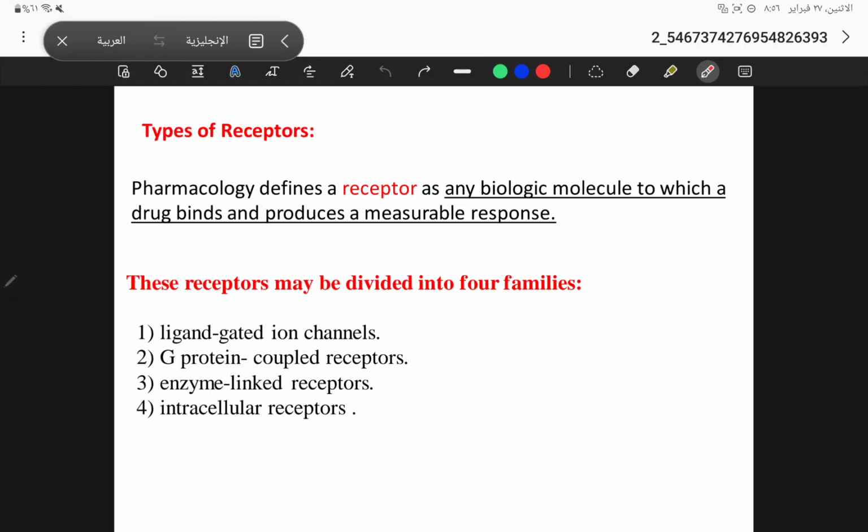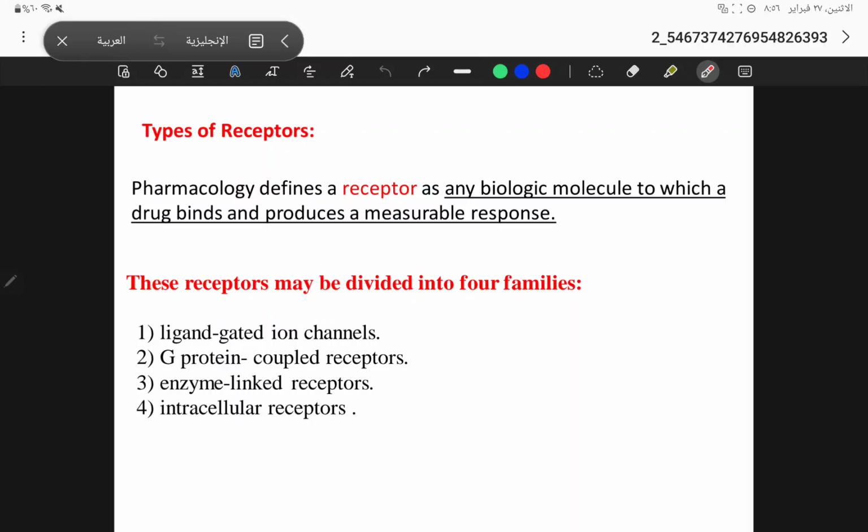These receptors in our body may be divided into 4 families, and every family may have members. When I say family, I mean this is one group, and this is another group. Receptors, not receptor.